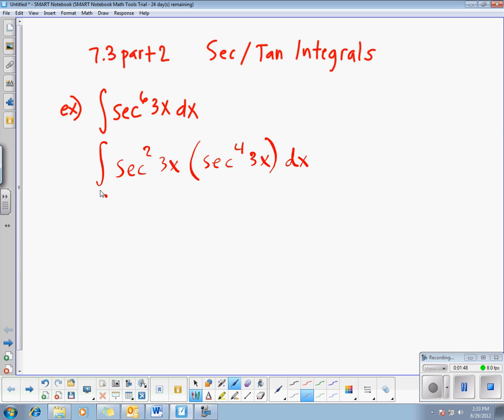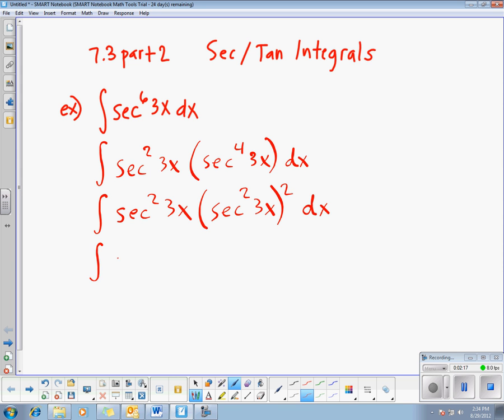And what we have are 2 secant squared 3x terms. Okay, so instead of expressing it to the 4th power, we'll just do it to the 2nd power and then square it. So this is always going to work out because our initial condition was we had an even positive amount of secants, in this case the 6th power. So if you take 2 out, you're still going to have an even number.